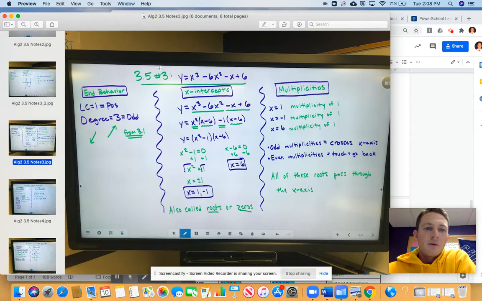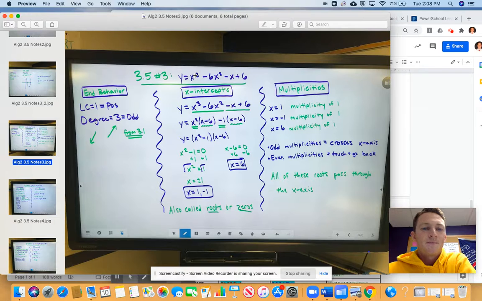So problem number 3, we have y equals x cubed minus 6x squared minus x plus 6. First thing problem number 3 asks of us is finding the end behavior. So from earlier in chapter 3, we're going to look at the leading coefficient and the degree. I believe that was 3.1.